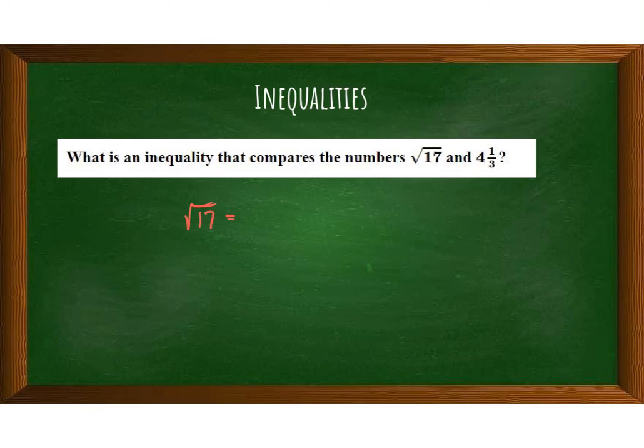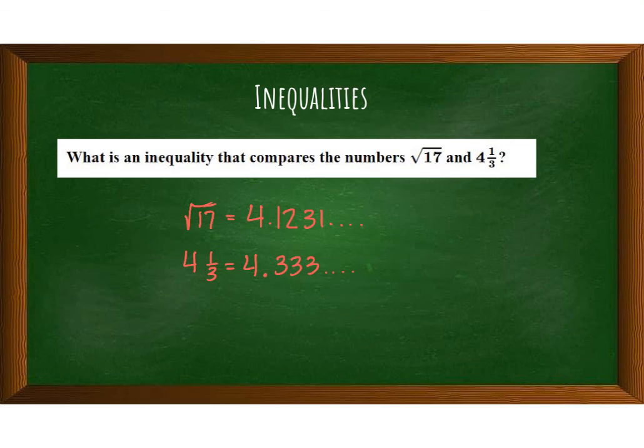So in your calculators, I would like you to take the square root of 17, which is 4.1231, and it goes on forever, and 4 and 1/3 is equivalent to 4, and then 1 divided by 3 is 0.333 repeating, so 0.333 going on forever.